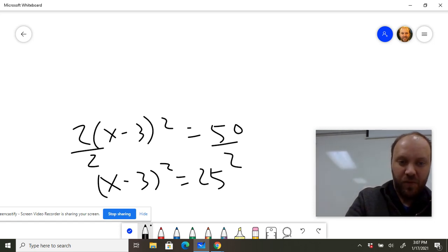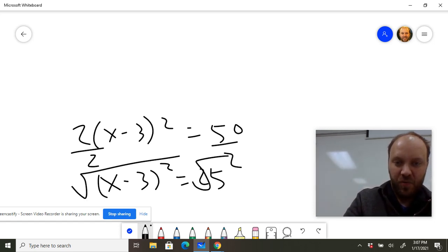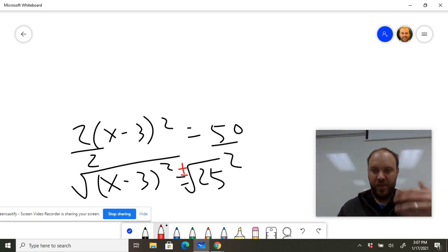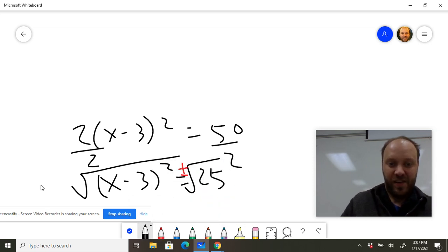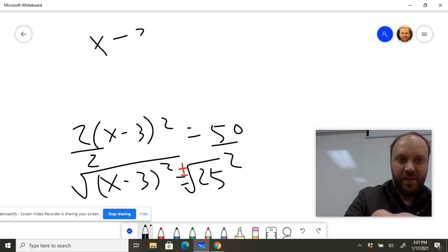So we're going to take the square root of both sides, but remember, you want the positive or negative square root here. So I really should be putting a plus or minus out in front there, because we want the positive square root and the negative square root. So in the end, x minus 3 is going to be equal to positive 5, or x minus 3 is going to be equal to negative 5.